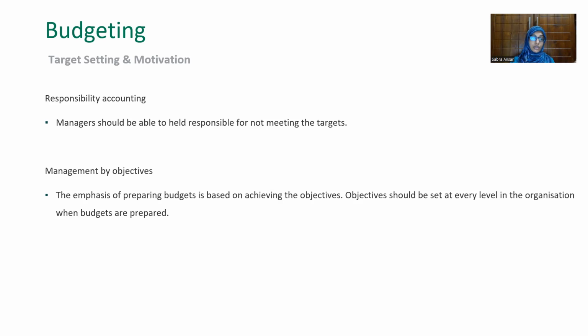And management by objective, what does that mean? The emphasis on preparing budget would be on achieving certain objectives. Objectives are generally set and prepared by an organization, and based on those, the budgets are prepared. So that is what is meant by management by objective.